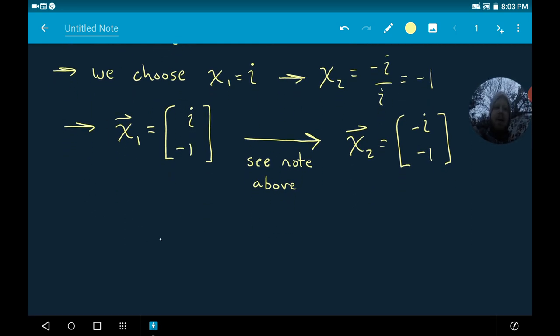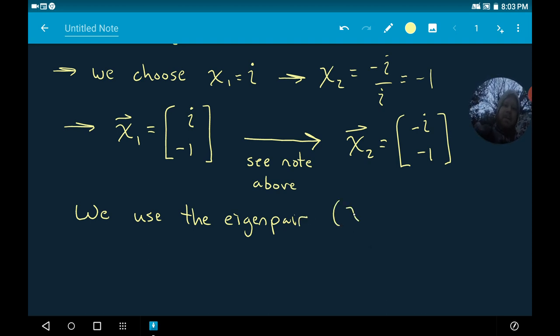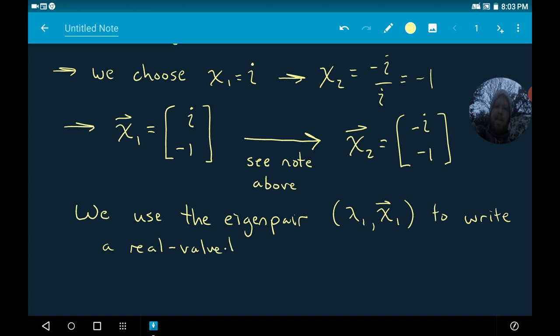Another thing I said in the note above is we're going to use the eigenpair to write a real valued solution. So this is where we're branching off from what you might have seen if you had 2 real eigenvalues.